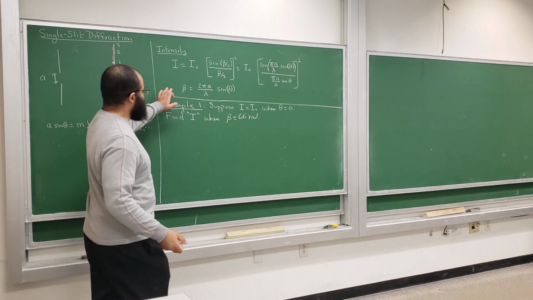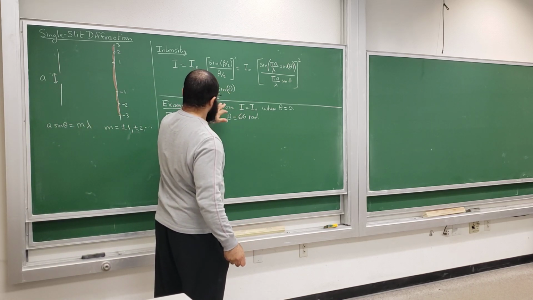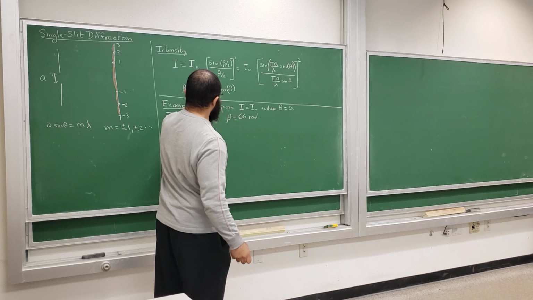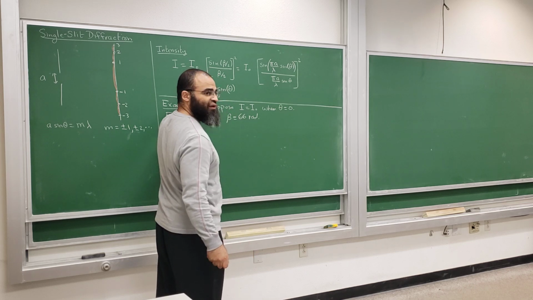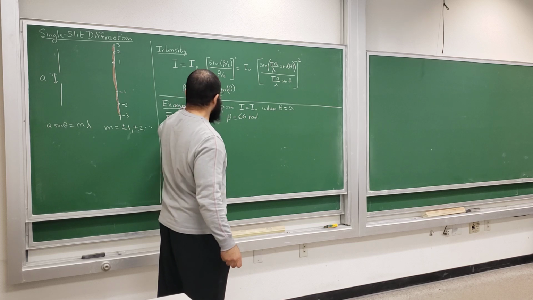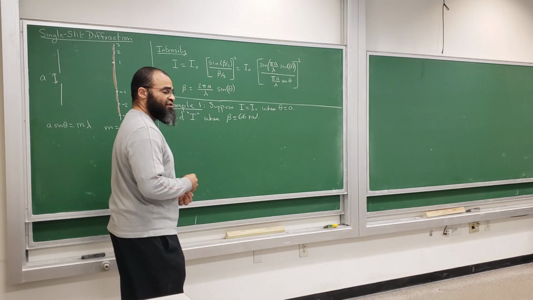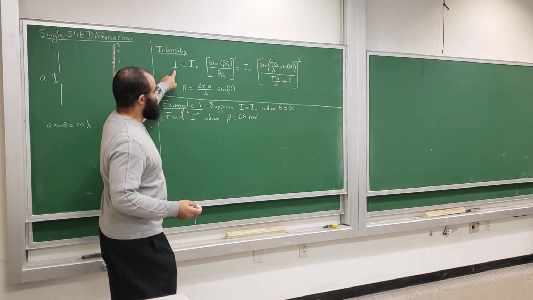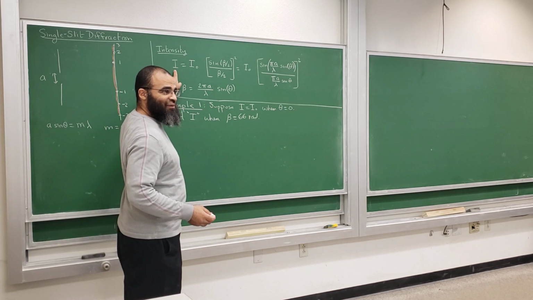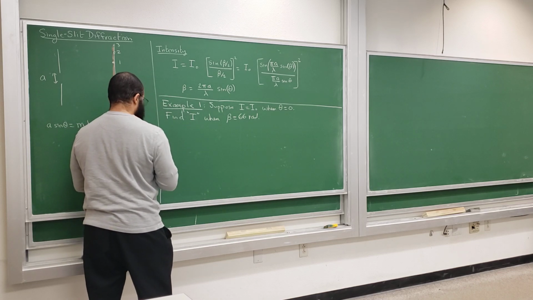You see beta is equal to 2 pi a over lambda sine theta, and it can be 60, it just depends on what these are, right? 2 pi is what, 6 something, right? 6.28 something radians, and then it can get larger. So I think we would just simply go here, right, and plug in the numbers. So let's do the solution to this one.